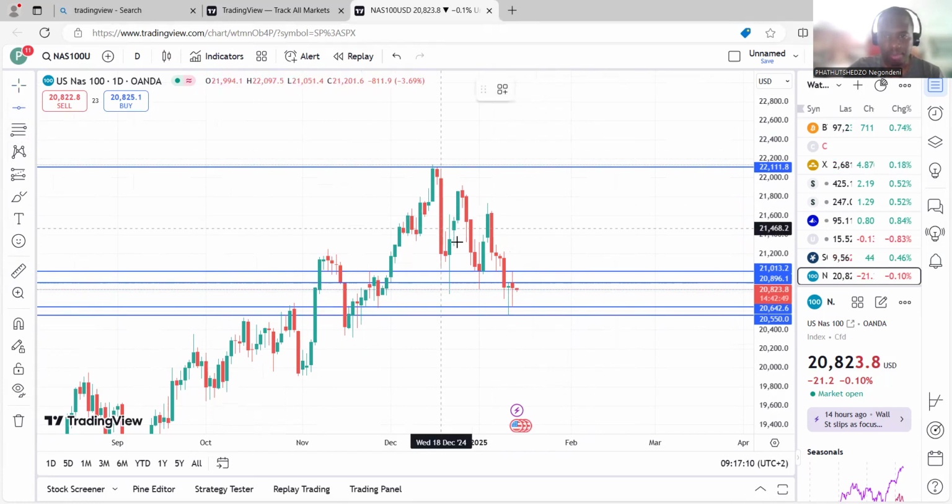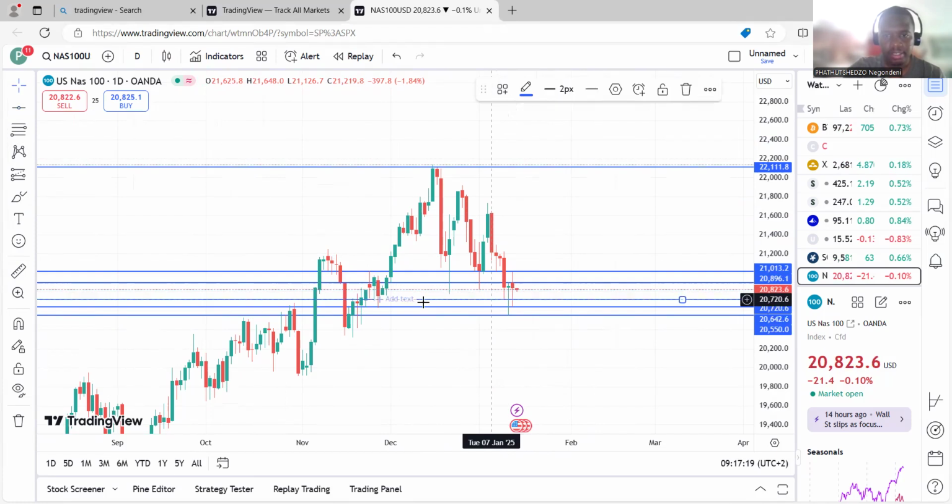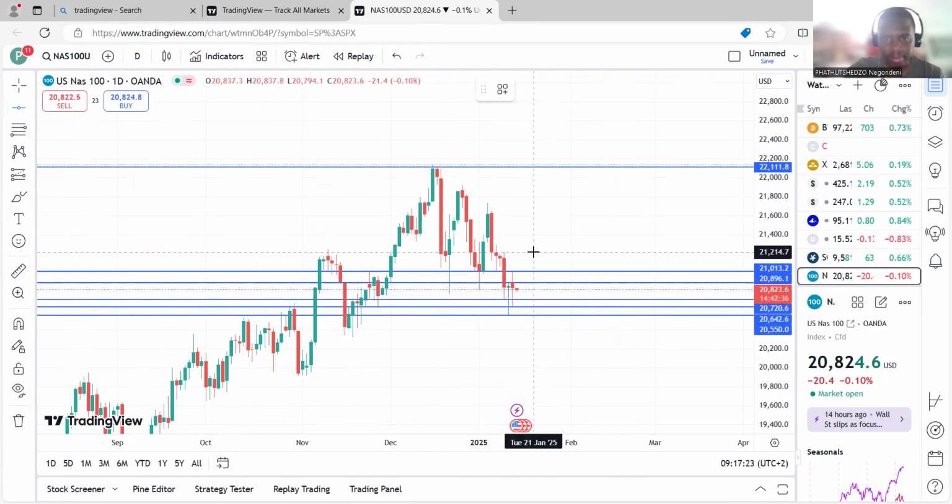Now I'm gonna be marking the low of the candlestick of, I think, this was Friday. All right, marking that low there, as you can see, low marked, and I'm marking the high. High marked. So this is what I'm gonna just be doing for now.